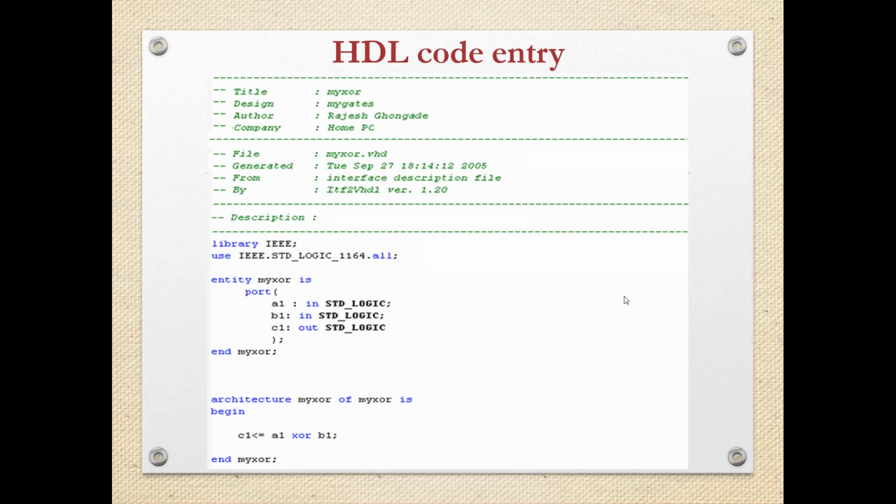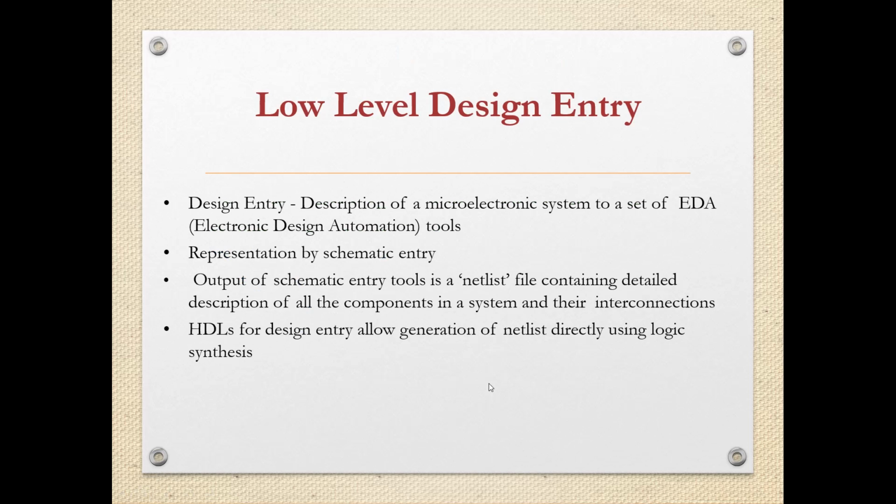A netlist is again created by compiling the HDL code. This is one example code shown over here, and in this you can see different VHDL statements written to enter the design. The HDL coding format, and how to write your own code, we will be studying in the further course.